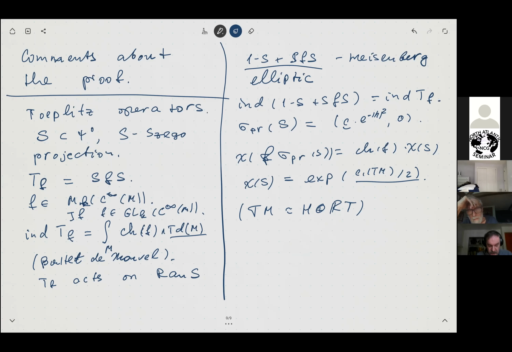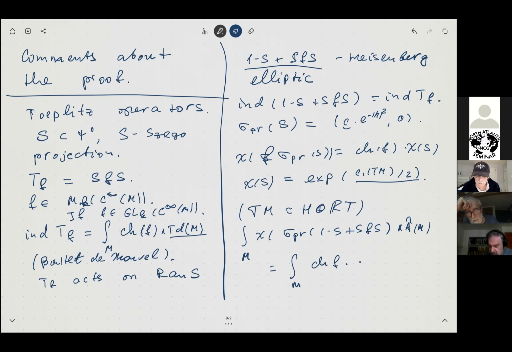Okay, and therefore, by our formula, we get precisely the relevant Todd class.